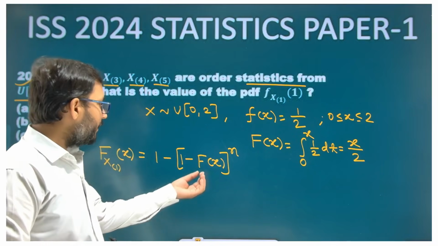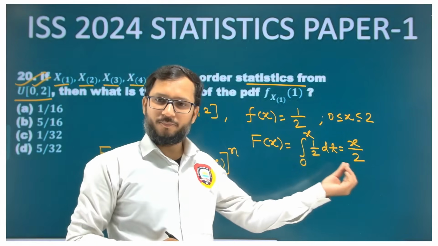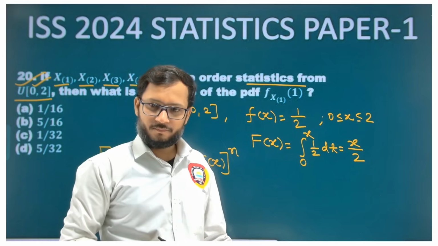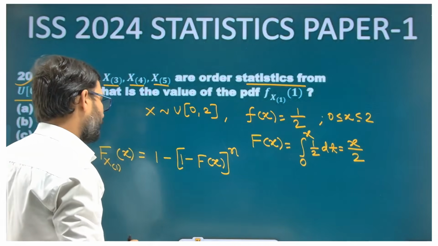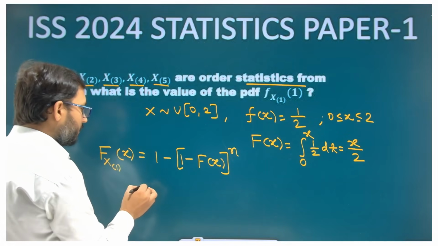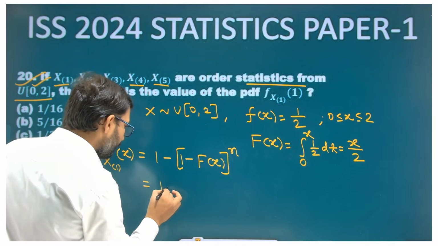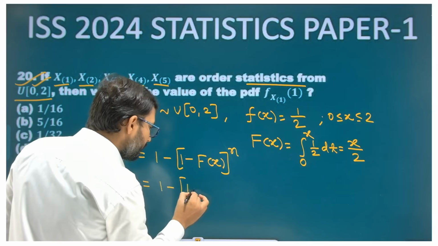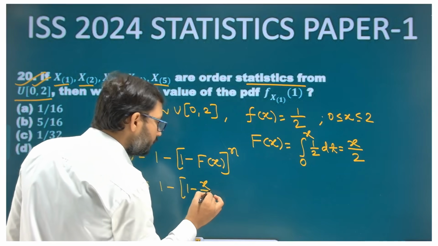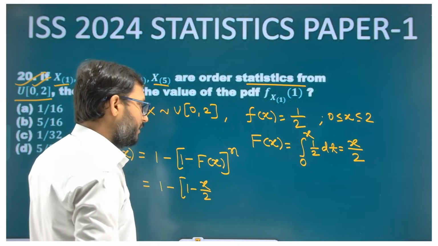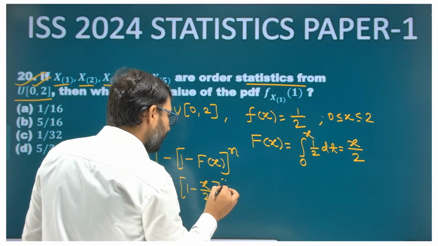Where capital F(x) is the parent CDF, the CDF of the parent population. Now in this case this will become 1 minus x by 2, the whole to the power n.